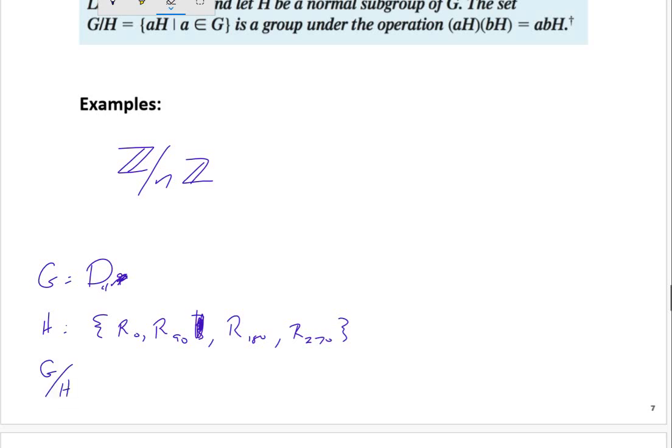And if we form this factor group, what does that mean? All we're doing is looking at all of the cosets, right? And those cosets are the elements of the group.